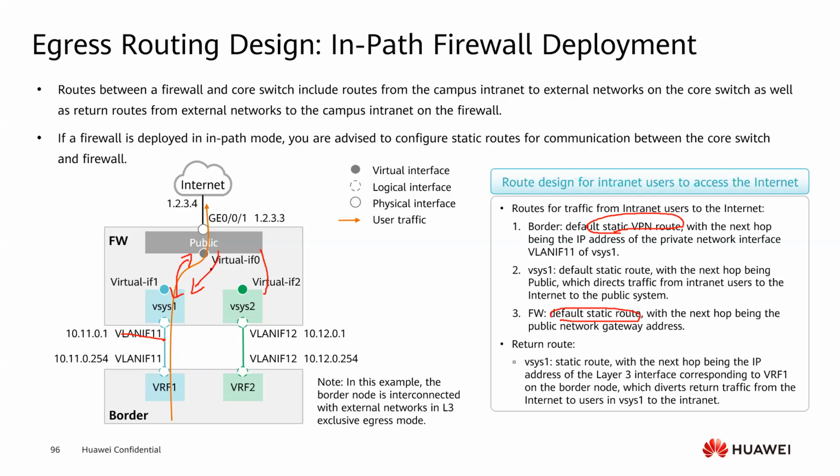So it will just use the session table to send back the traffic. And between the V6 and the VRF, you need to configure a static route. The destination is a specific static route to the user's network segment, and the next hop is the VRF1's interface IP address.